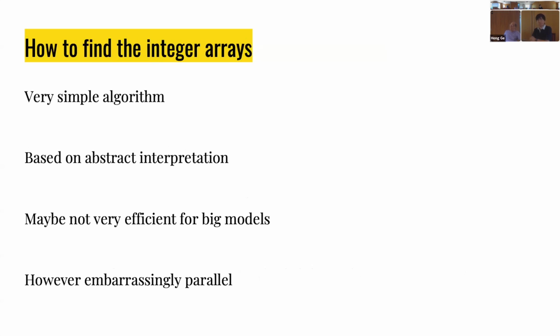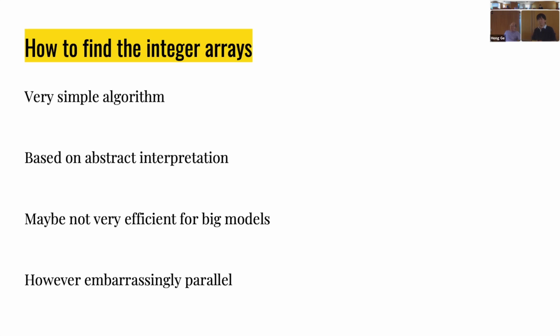Instead of dealing with real quantities, you deal with Boolean quantities. For small models, it's really, really fast. You don't notice it. For bigger models, it's a little bit slow. So I need to work on that.